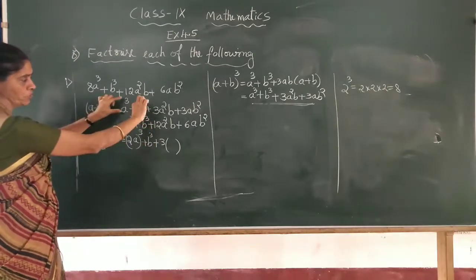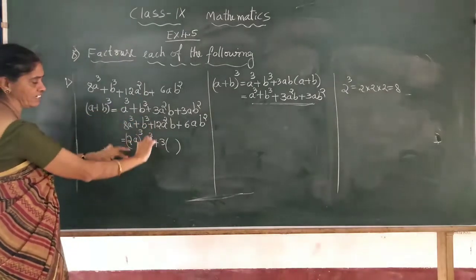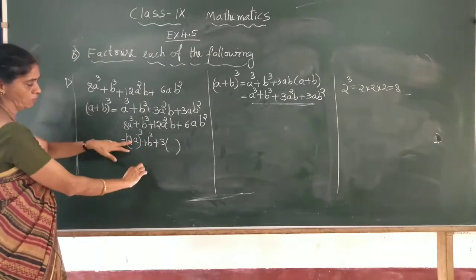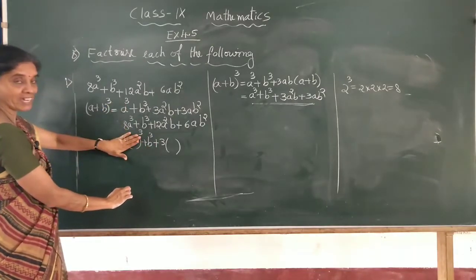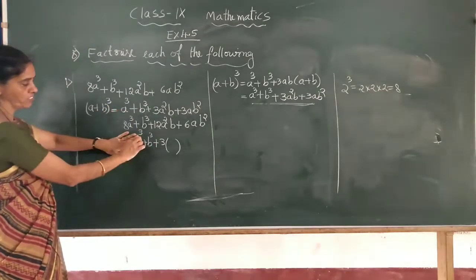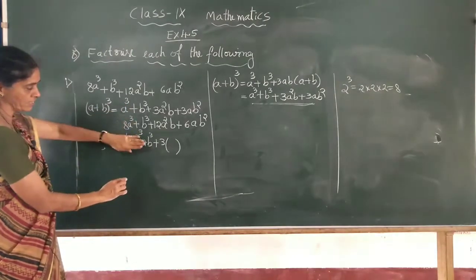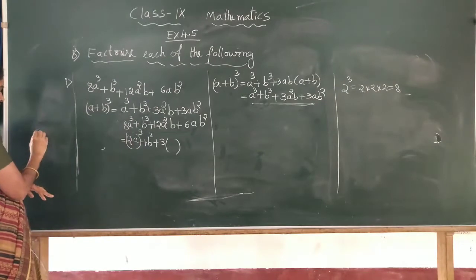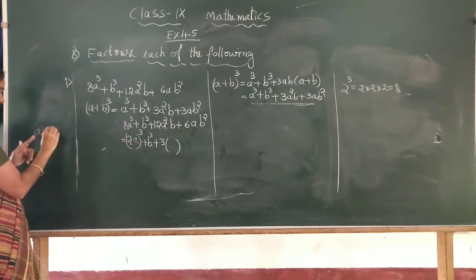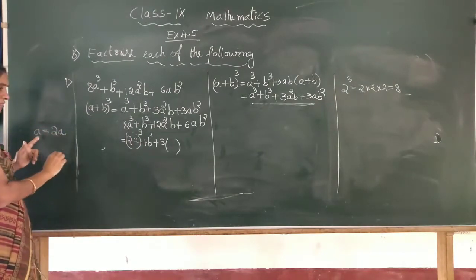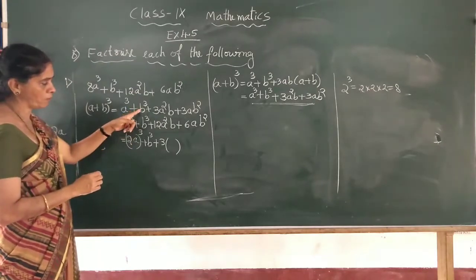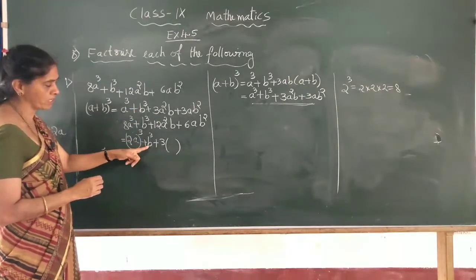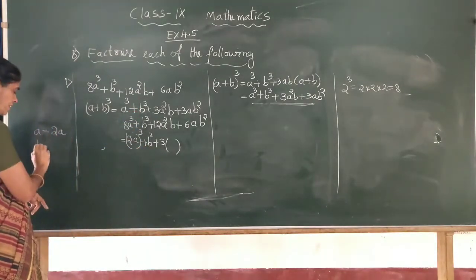Now if you use this identity and your problem, in place of a, what number have I written? Both are cubes, first term. In the formula it is a, but in my problem I have written 2a. In the same manner, it is b in the formula, and in my problem also it is b only.